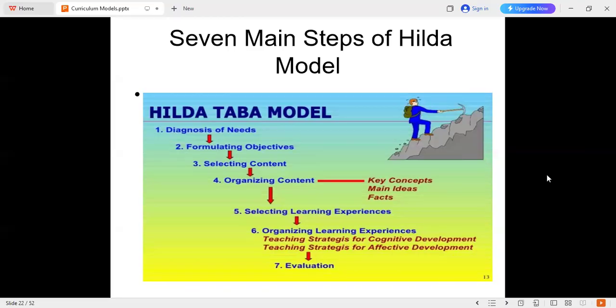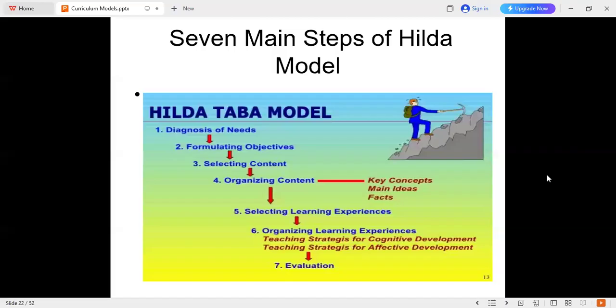Taylor simply said selecting content. Experience, the term he used, learning experience, but Hilda Taba used selecting content, organizing content, even though it was not clearly mentioned in the previous model we discussed.